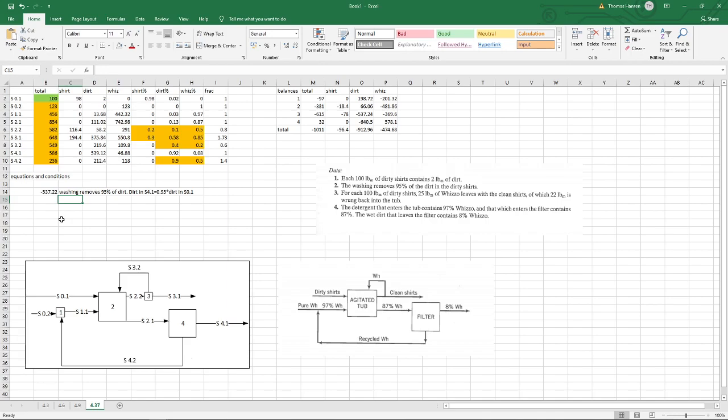Then we're told that for every 100 pounds of dirty, good question. Wouldn't it be 95% of S21?